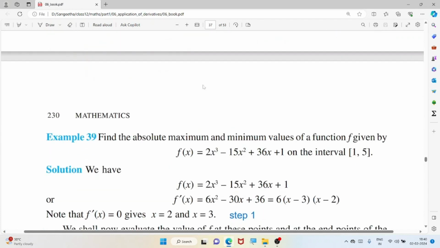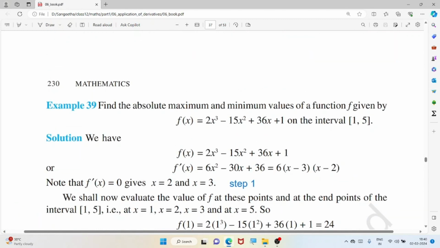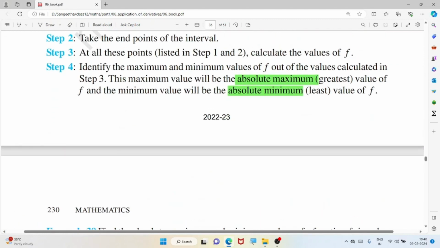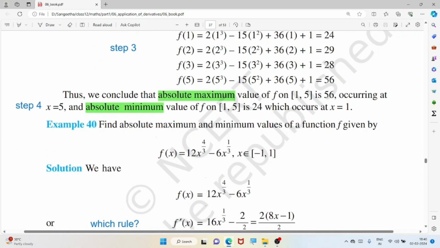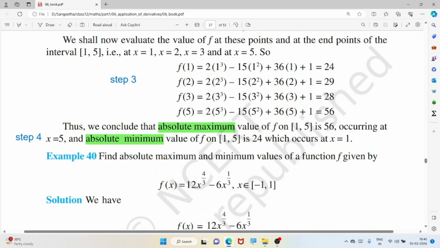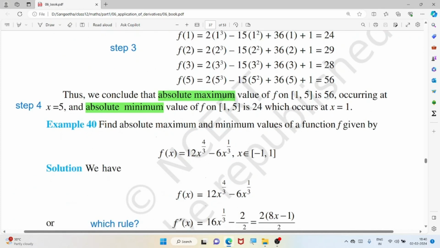Calculate the value of f at all these points, then identify the absolute maximum and minimum. Okay, from this, the absolute maximum is this value, the absolute minimum is this value 24. So these steps are given in this definition; you should read the steps and understand how they are used in the problem.